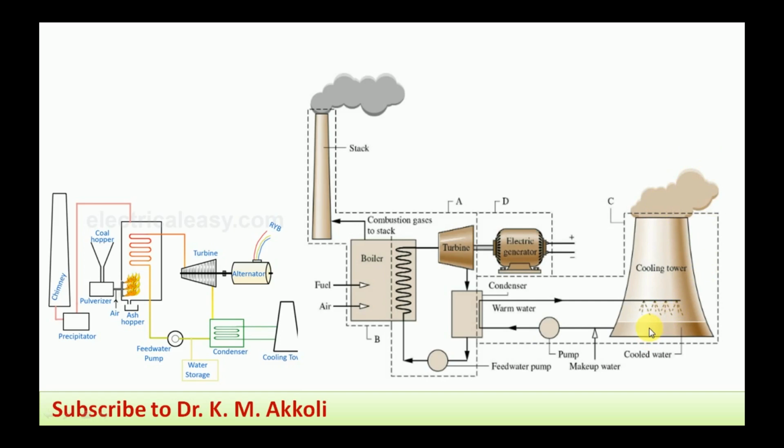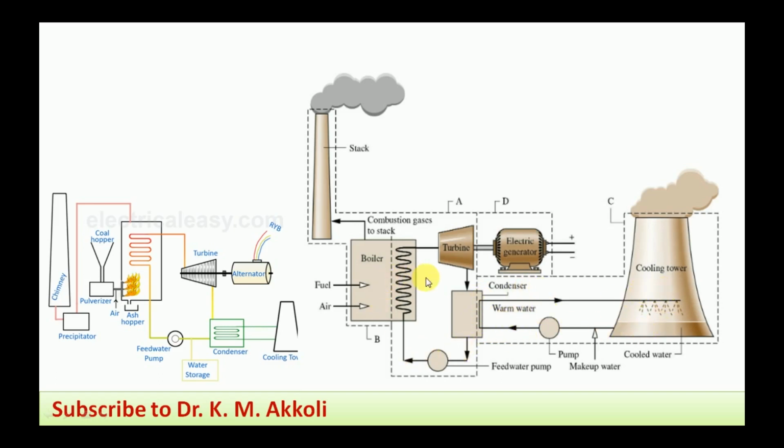Now to make that up, makeup water will be supplied, from a source like a river or lake. Then this cooling water is supplied to the condenser. This is the cooling water circuit.